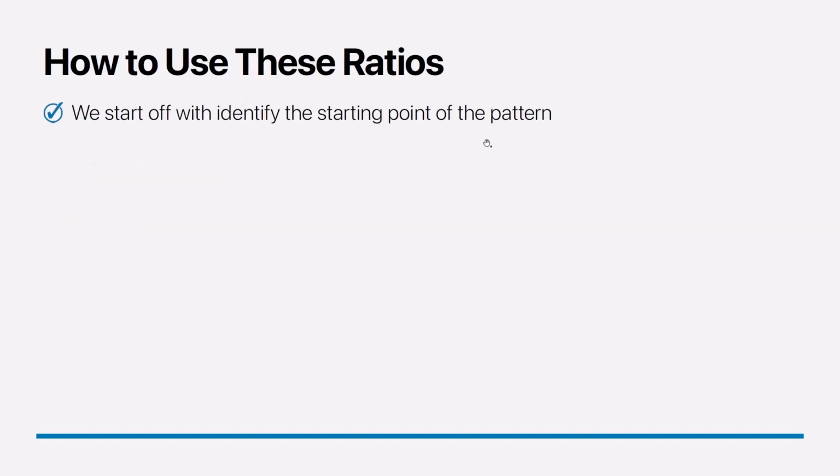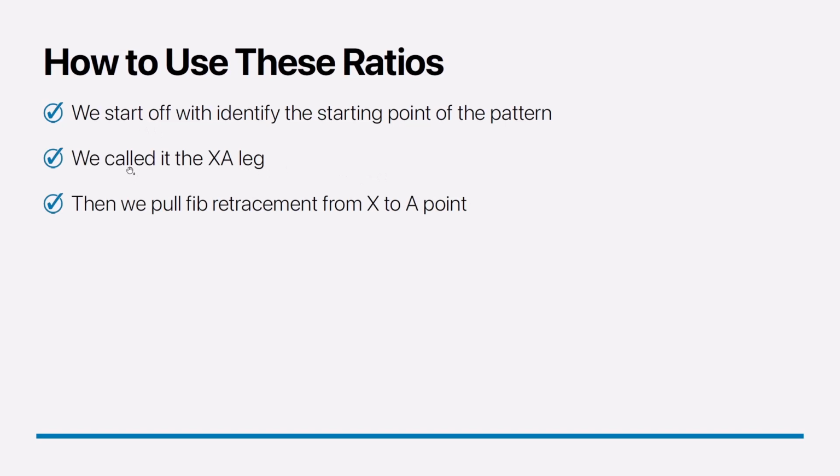Alright, so how to use these ratios? Again, we first start off by identifying the starting point. The starting point of a harmonic pattern is basically your X point. Once you are able to see the M and W formation, and you have clearly identified your X, A, B, C, and looking out for D, when you use the fibs, your starting point is always the X. Then we pull it in the direction of the XA leg.